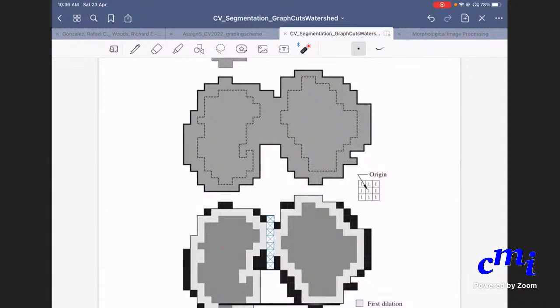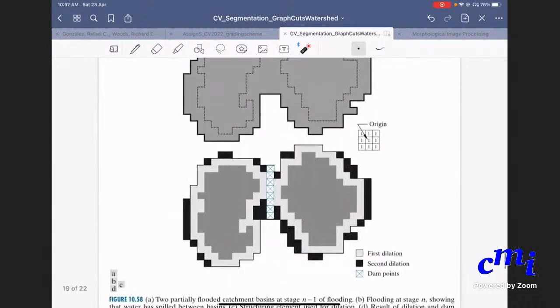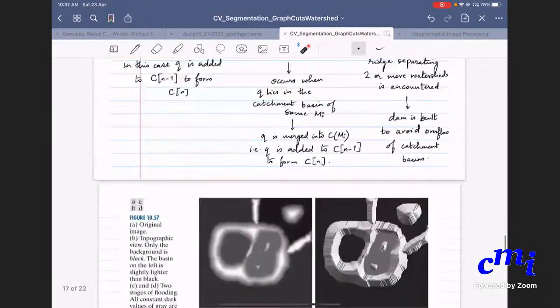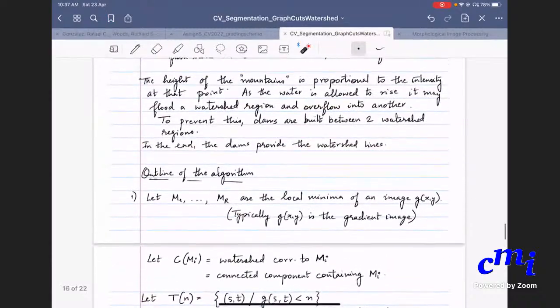And now you have separated out the water which was flooding and overflowing. You have made the space, and then you build a dam there by using this idea called dilation, okay. So that is the idea of watersheds. Then we can look at a few details of it.